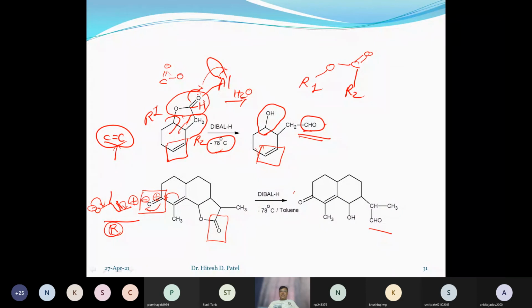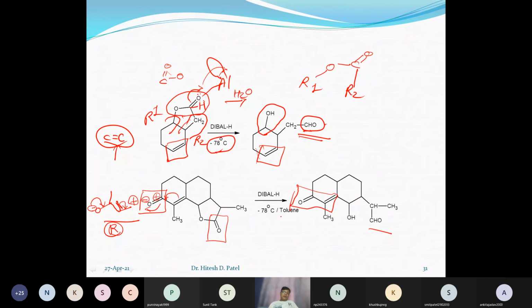So here you can see there is no change on this functional group, but there are some other reagents available. Those types of reagents we will discuss in semester 3, because we have a separate chapter called reduction, in which we have different types of reagents for reduction.